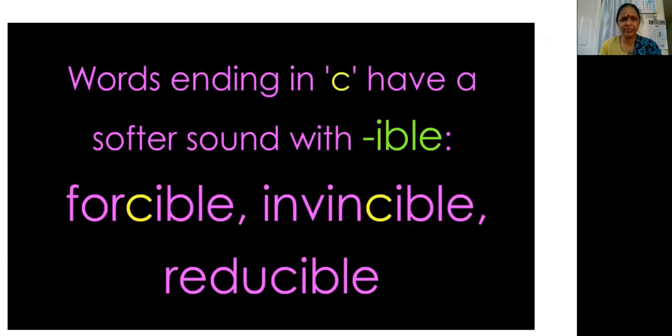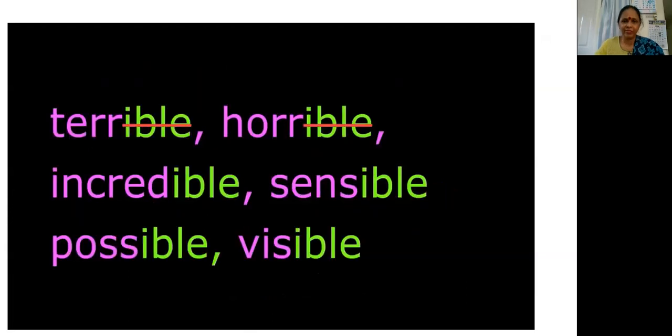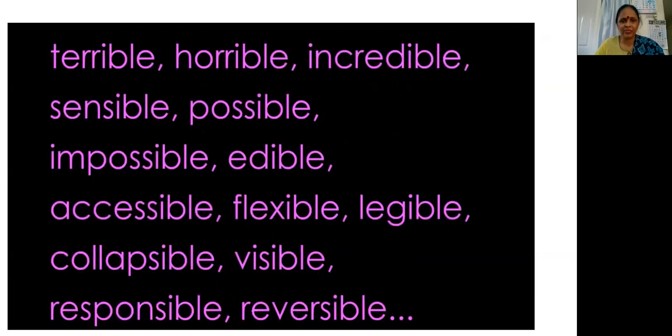Notice we drop the E in forcible, reducible. Mainly when we take away the ible ending from the word, we're left with a word that doesn't really make sense. You just have to learn the common ones, and there are some great words in the ible word list. Look at these: terrible, horrible, incredible, sensible, possible, impossible, edible, accessible, flexible, legible, collapsible, visible, responsible, reversible.